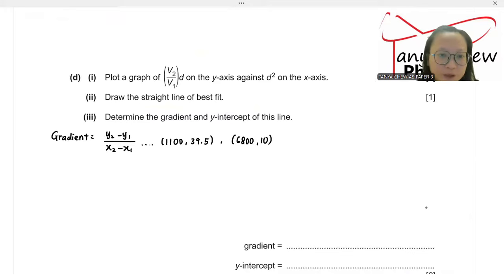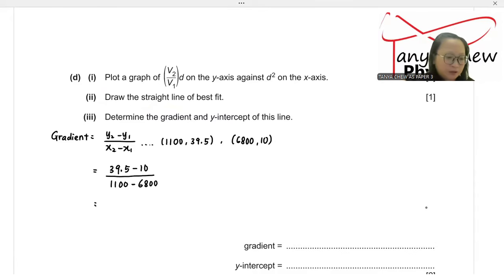So the gradient would be 39.5 minus 10 divided by 1,100 minus 6,800, right? So 39.5 minus 10 divided by 1,100 minus 6,800.